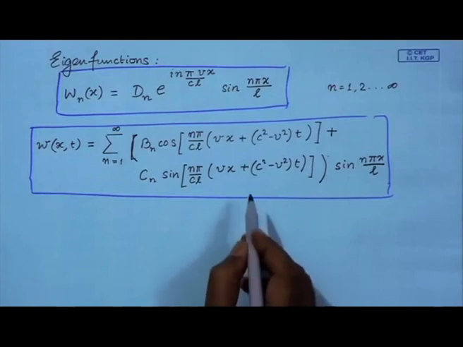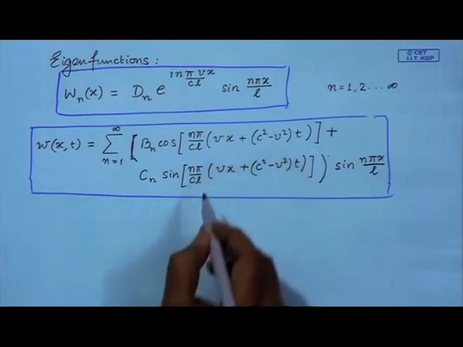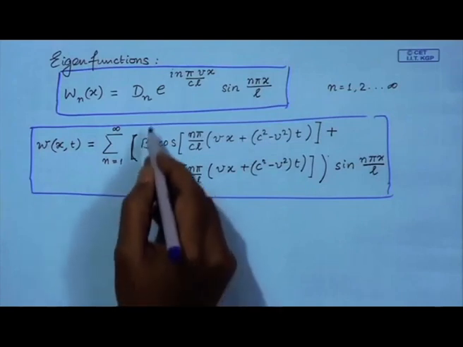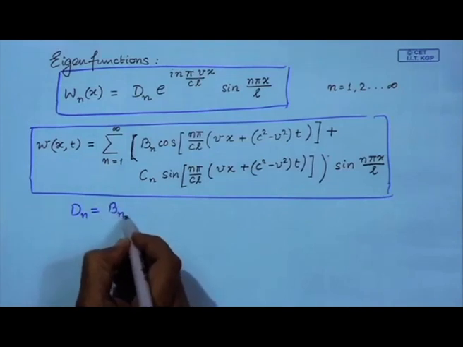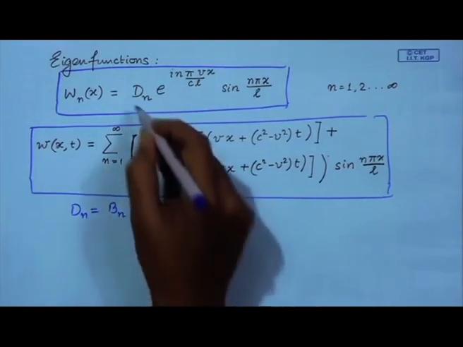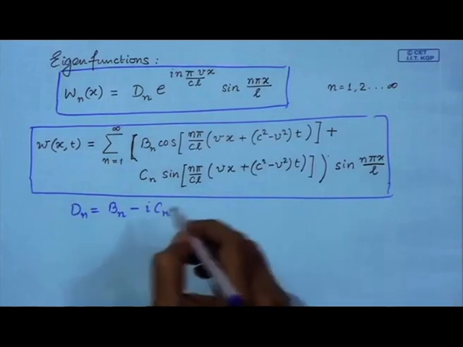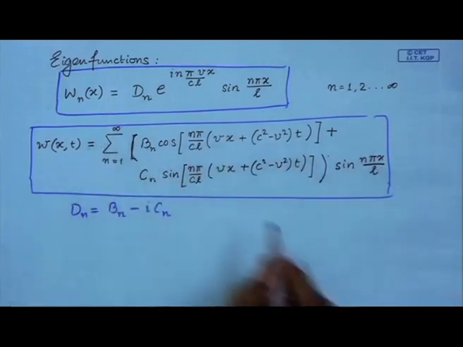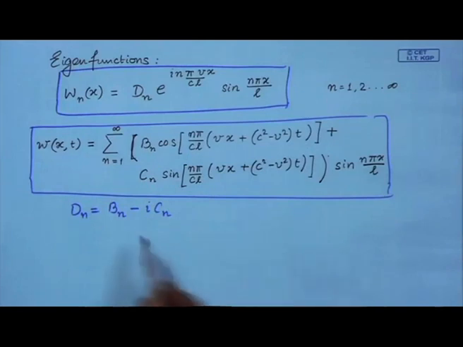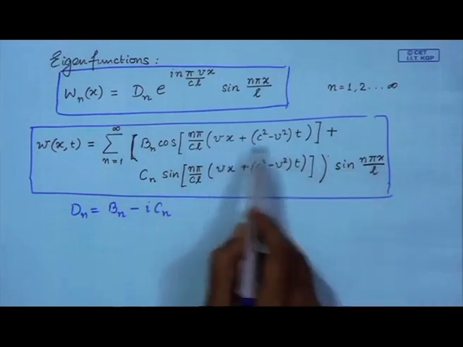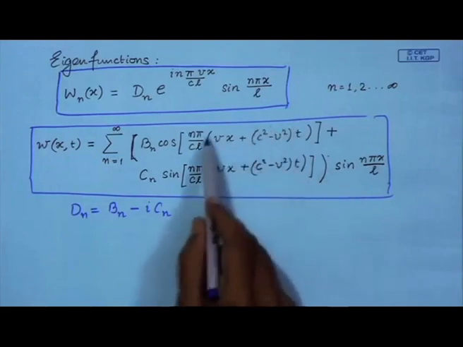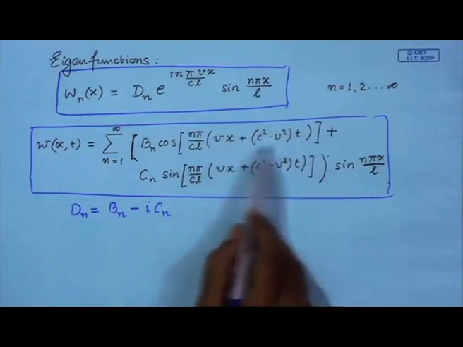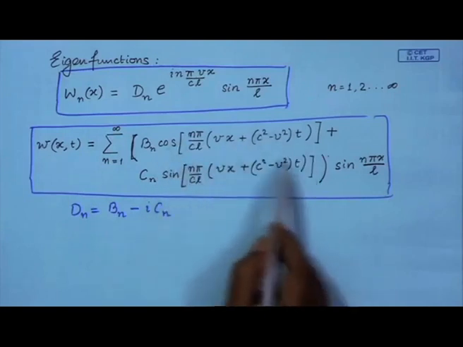Here we observe that D n can also in general be complex. So, this is the general expression, finally the general solution of our field variable. Here you can see that space and time are no longer separated. They get combined in these terms.